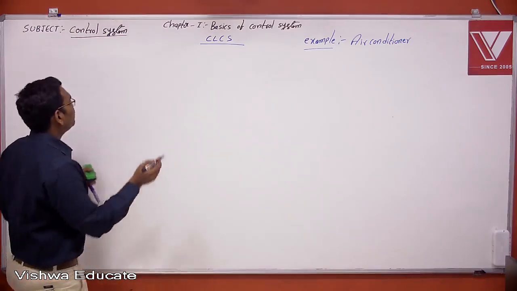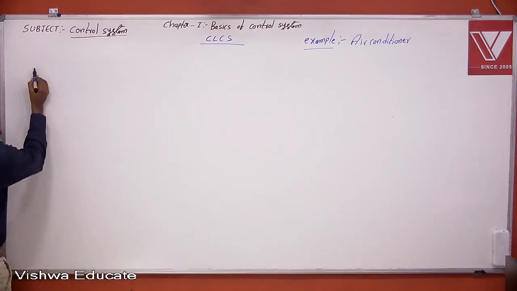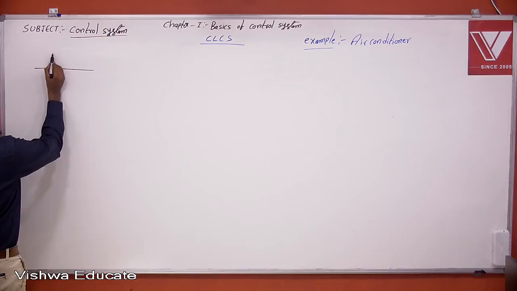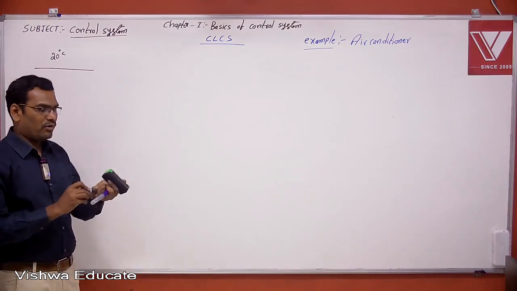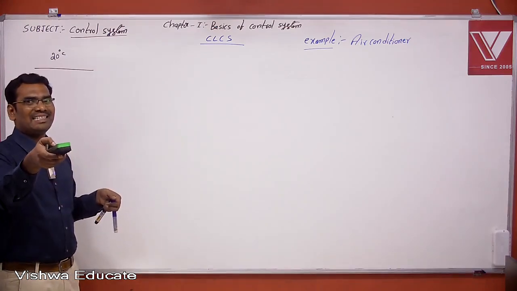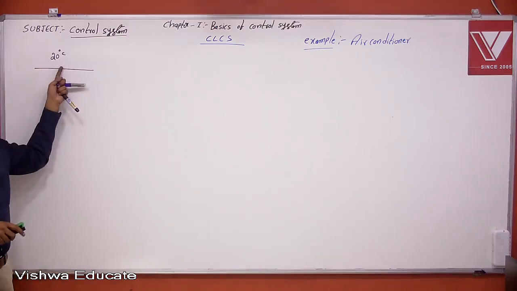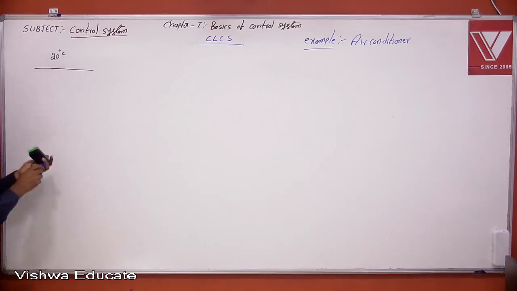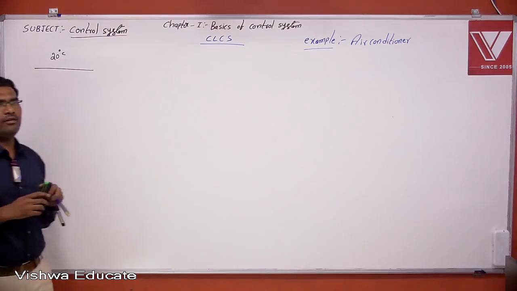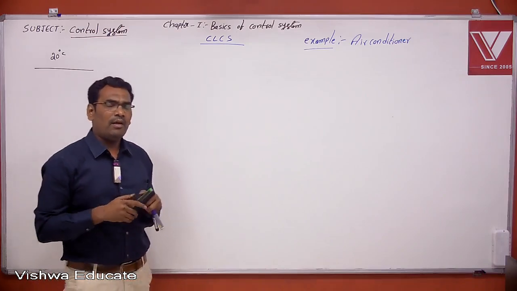Now see here. For example, you take a remote and set the temperature as 20 degrees centigrade. Now the question is, what is the meaning of that?